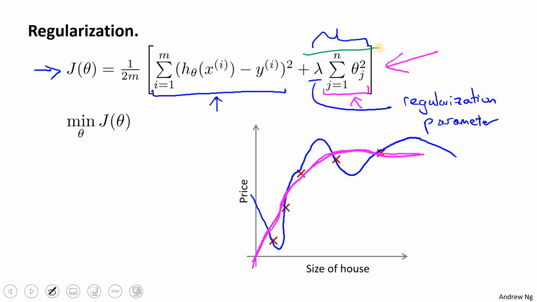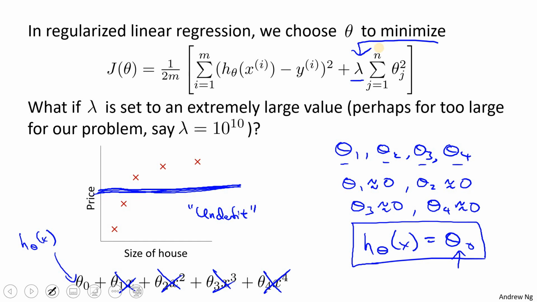Theta will reduce such that your blue line will become more smooth like the pink line. It will try to reduce, for example, theta 3 and theta 4, and it will keep the simple ones like theta 1 and theta 2.